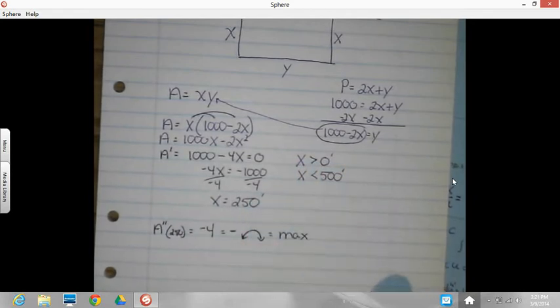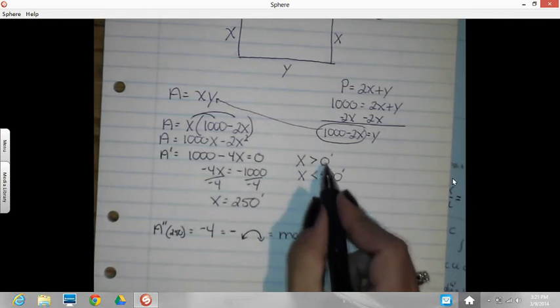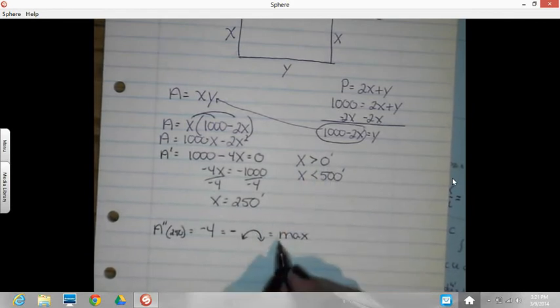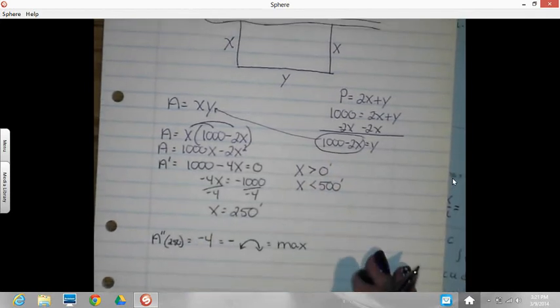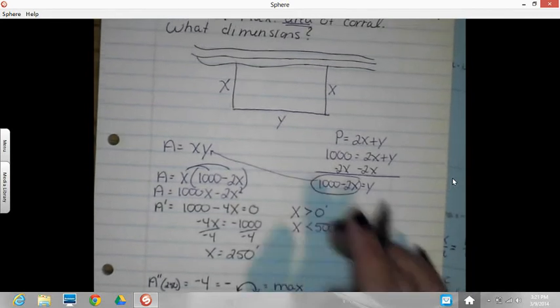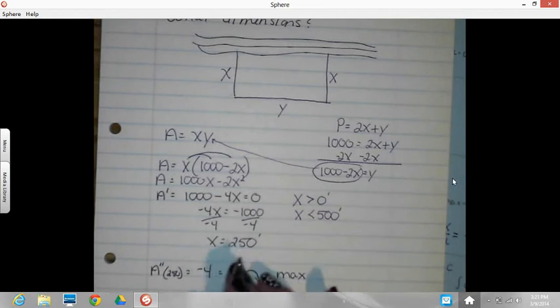If this had come out a min, then I'd have to check the endpoints to see which one would have been my maximum. But I got it off the bat, so I don't have to worry about my domain. Okay, now I've got to answer the question. The question said, what are the dimensions for my rectangular corral for the farmer? I know x is 250.